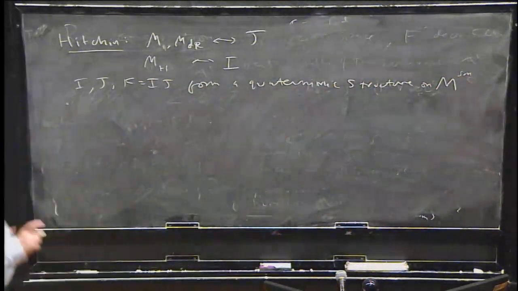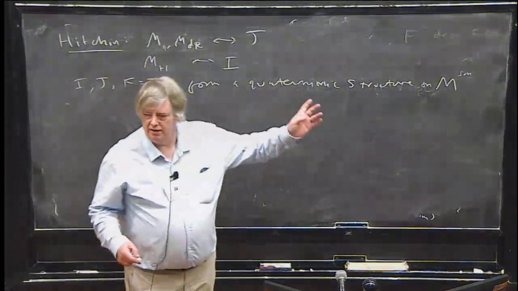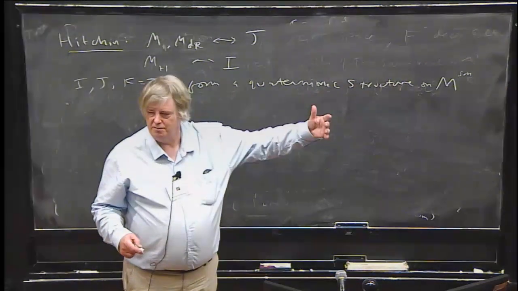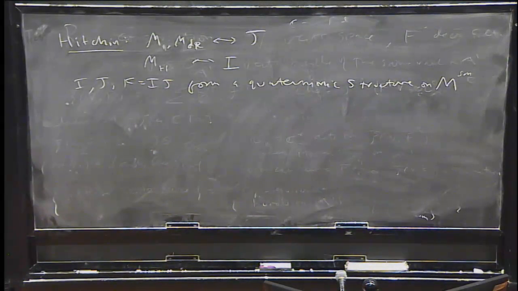So it's a delicate question, and I'm not sure we really understand this very well. What would it mean to have a quaternionic structure on the singular points of a manifold? But for now, let's just say on the smooth points of this manifold. Typically, if X is a Riemann surface, which is really the only case where we have really good examples of this, then there's a big open subset where the space is smooth.